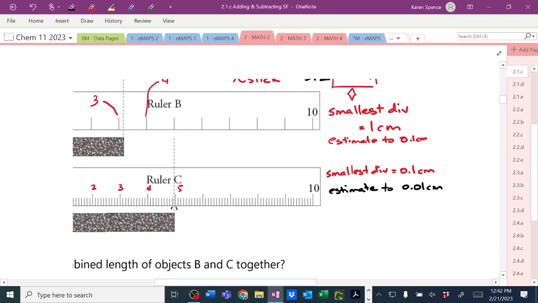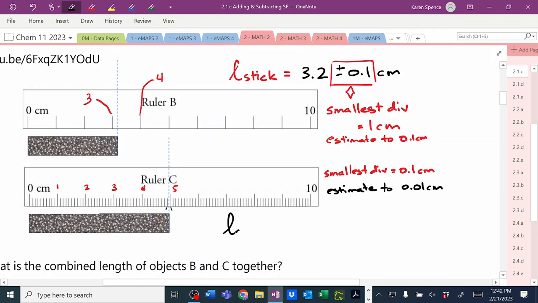So length of stick 2 is 4.95. And if you wanted the uncertainty, plus or minus 0.01, because the uncertain digit has to agree with the uncertainty, they're both in the hundredths place, centimeters.